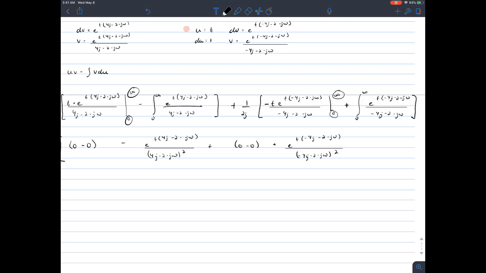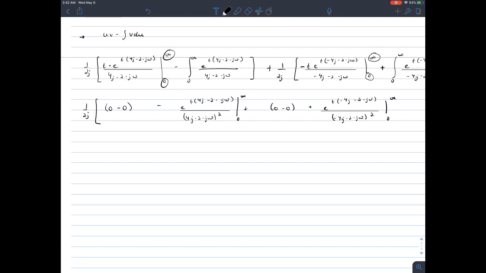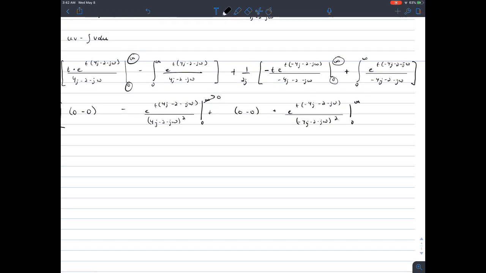Let's see, let me make sure I'm doing all this right here. Okay, so these are going to be evaluated from 0 to infinity. At infinity, this gives us 0 because it's negative infinity. Same thing here, equals 0.